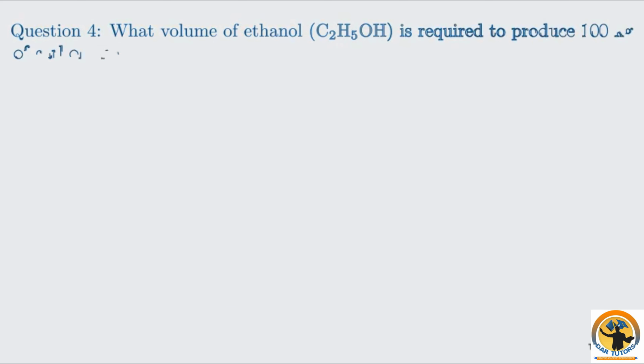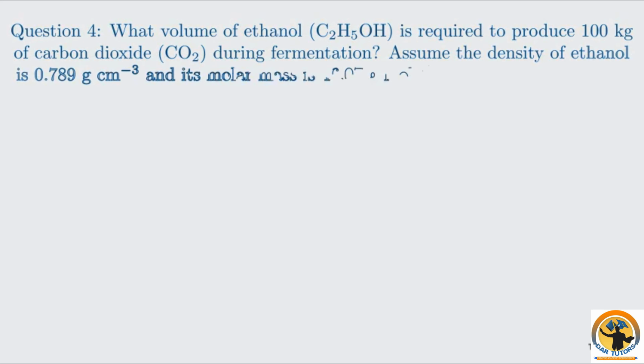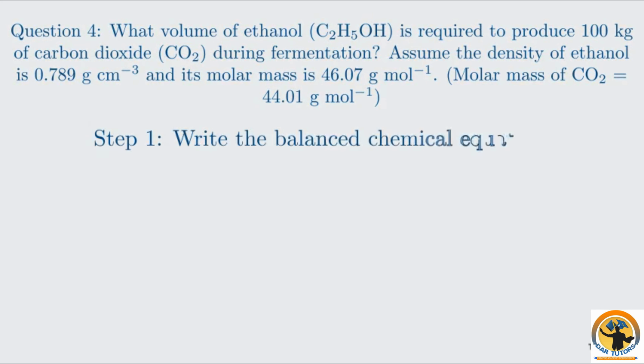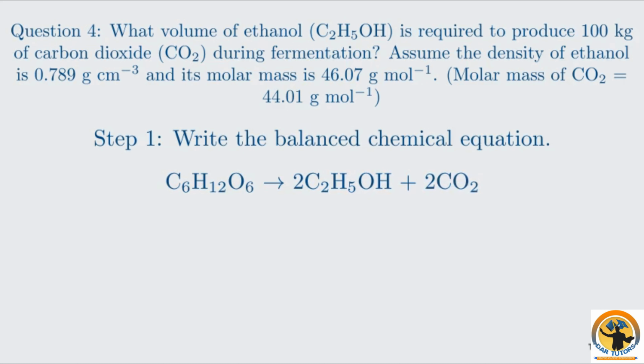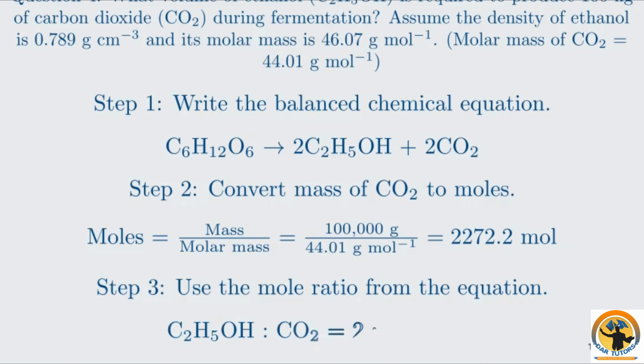Moving to question 4. This is a calculation-based problem. We need to determine the volume of ethanol required to produce 100 kilos of carbon dioxide. First, we need the balanced chemical equation for ethanol fermentation. 1 mole of glucose produces 2 moles of ethanol and 2 moles of carbon dioxide. Next, convert the mass of CO2 to moles using its molar mass. Now we use the stoichiometry of the reaction.